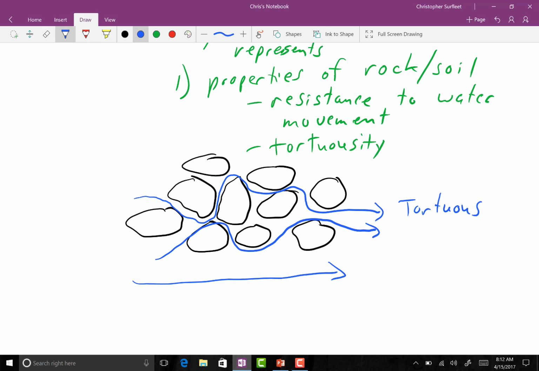And as it's going through here, it's being subjected to things like adhesion and the roughness of the material itself. So we need some term that will help us account for that. And so the hydraulic conductivity essentially is the value that tells us, in length per time, the rate of movement of the water.